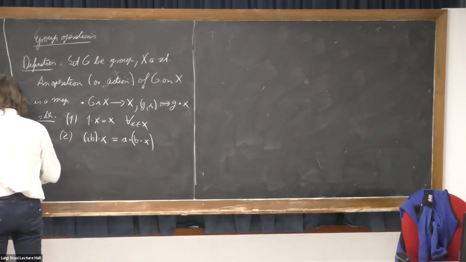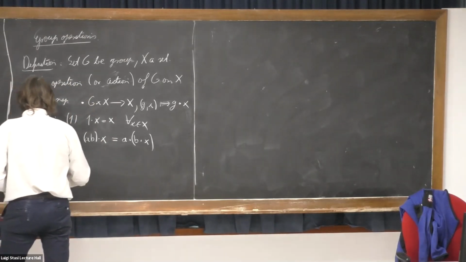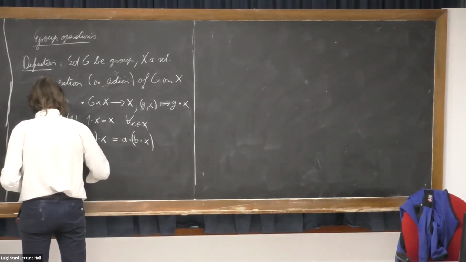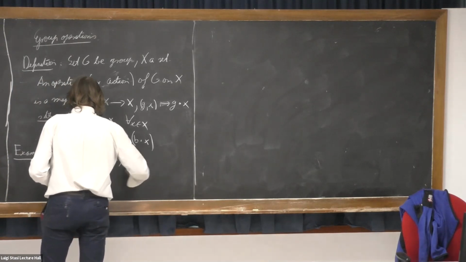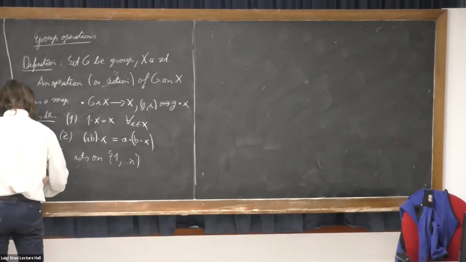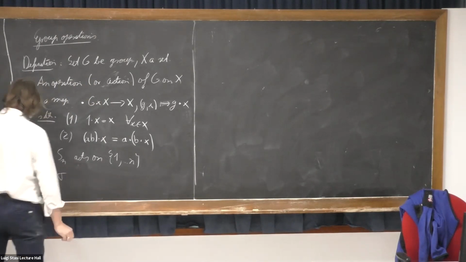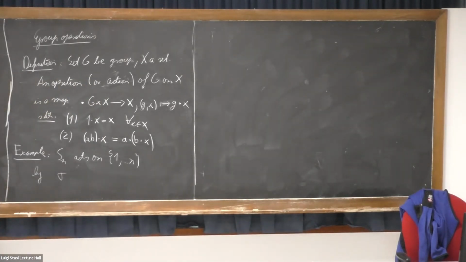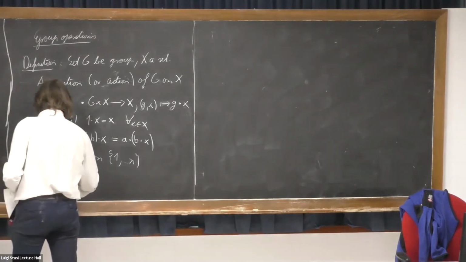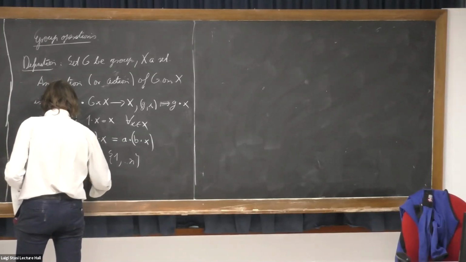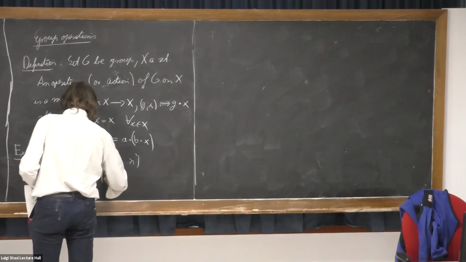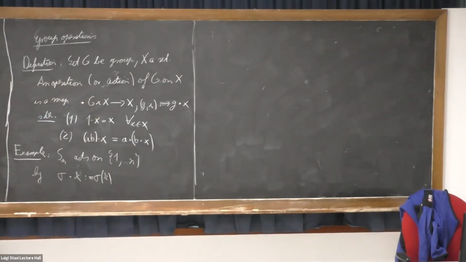As I said, the example that we have already is the symmetric group S_n acting on the set {1, ..., n}. If I have an element sigma in the symmetric group, which is a bijection from the set {1, ..., n} to itself, and an element k, then sigma times k is just applying sigma as a map.